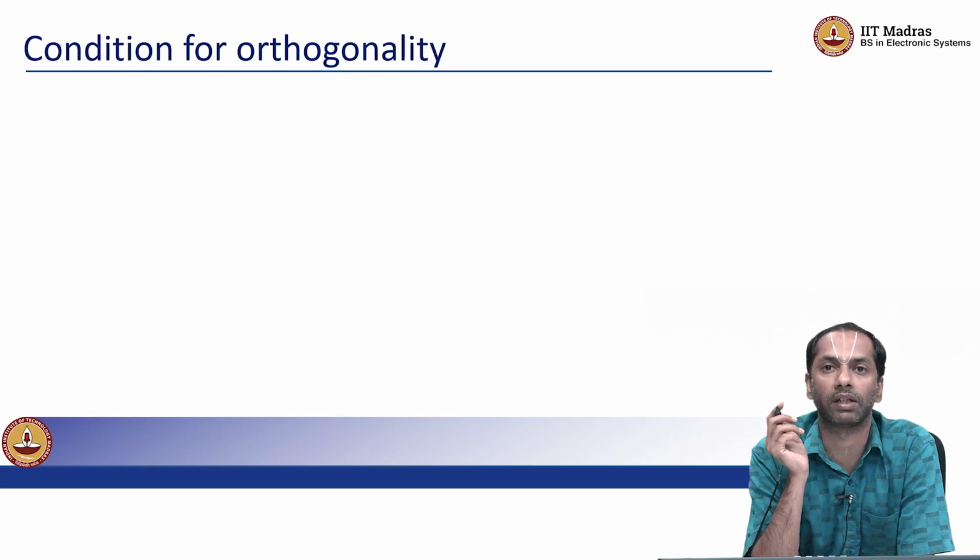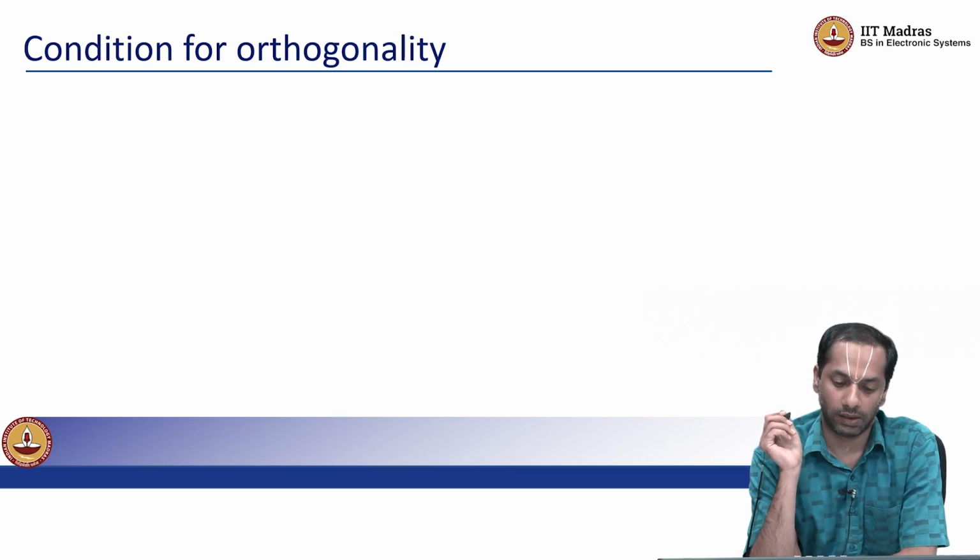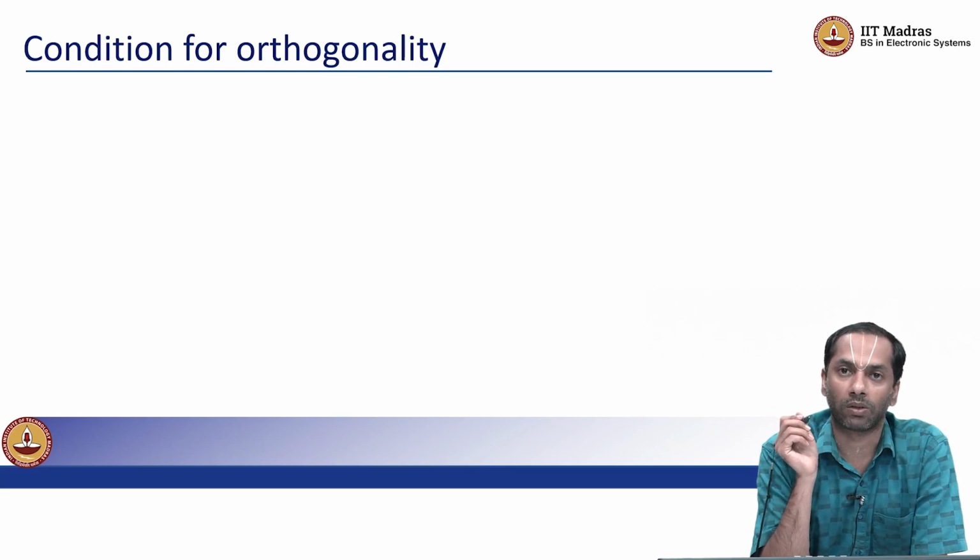So, we consider any two plane waves, right, orthogonal, and when the orthogonality condition is satisfied, we can use them as the basis to construct any polarization that we may want, right.